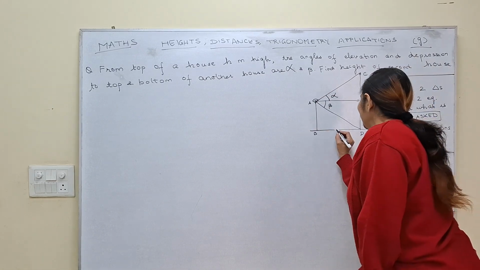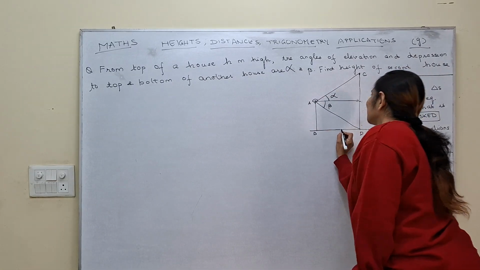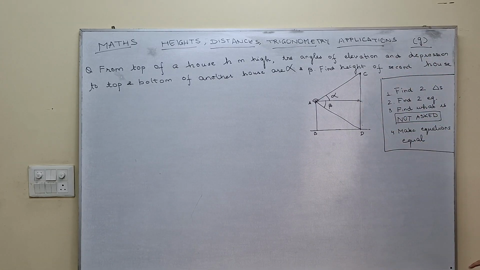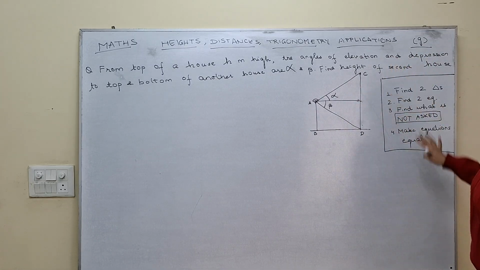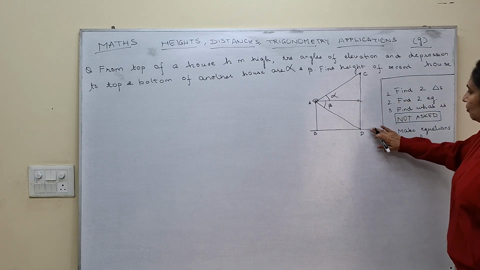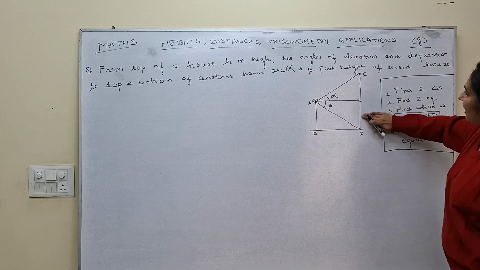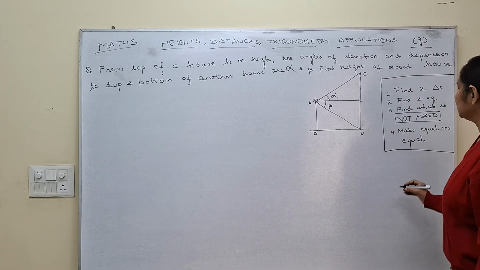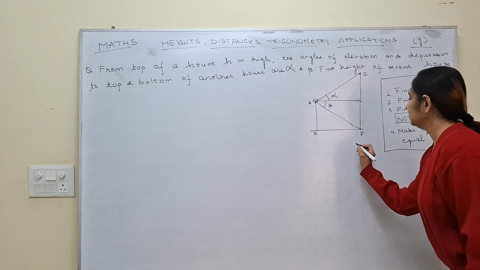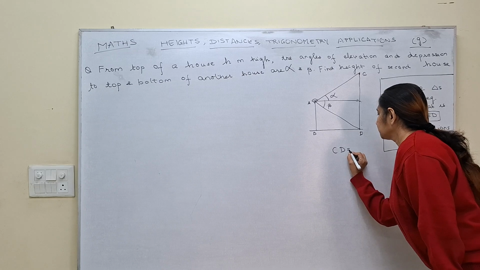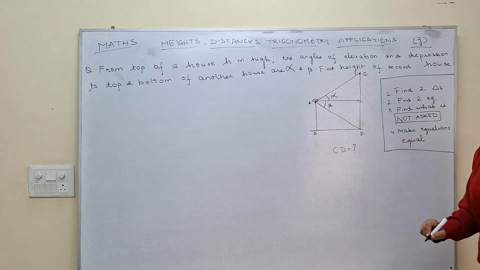Thank God this sentence got over. Just imagine the whole question, one English sentence. Now we have to find the height of the second house. So we have to find this CD. The question is find CD, the actual question we have been asked.